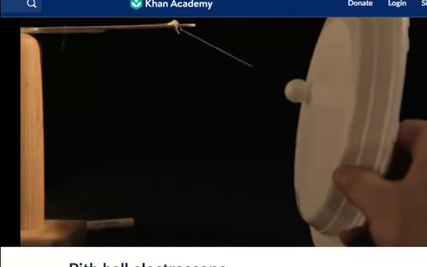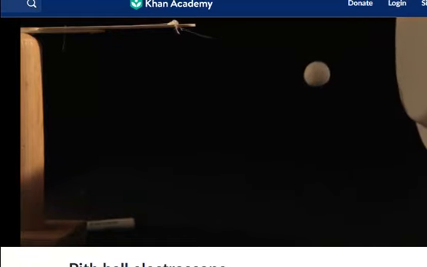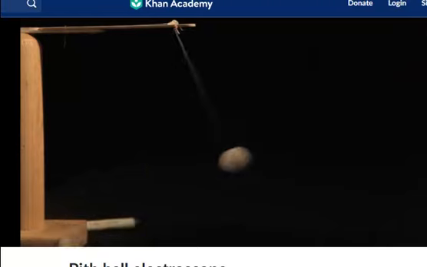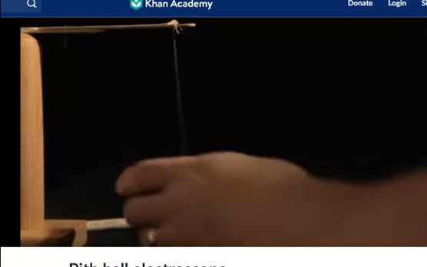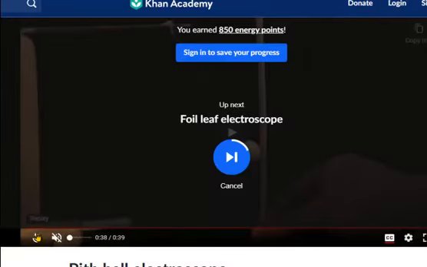And you will find, and I'm not kidding, rabbit fur and cat fur. So I think it's kind of neat that they had a live cat in this one here, charging the pith ball and showing the attraction in this case.